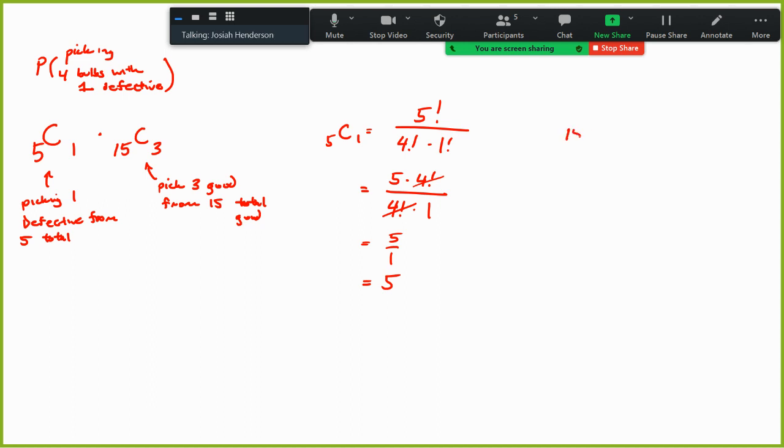Now for the other one, 15 choose 3. 15 minus 3, remember it's n minus r, so 15 minus 3 is 12, times r factorial, which is 3. Expand the top till it reaches the next highest number in the problem. So 15, I'm going to expand it out to 12 factorial. And then we do want to expand the 3. So 3 times 2.